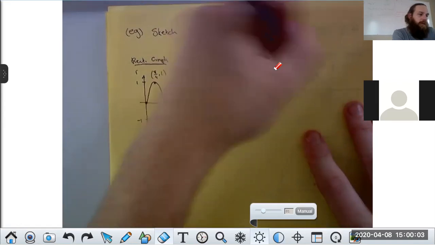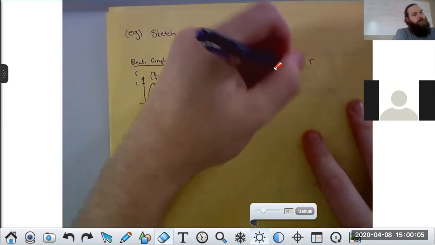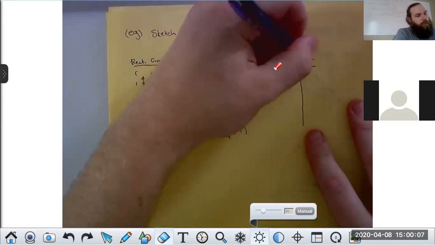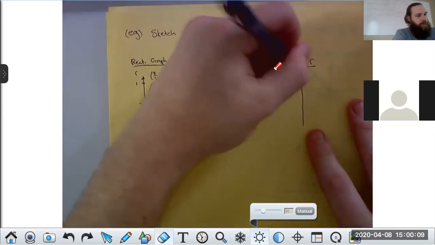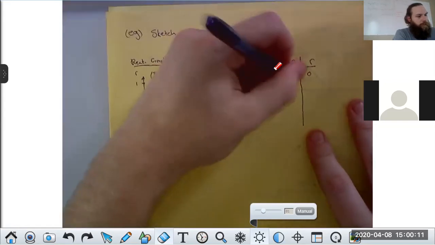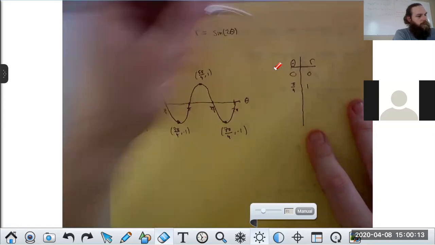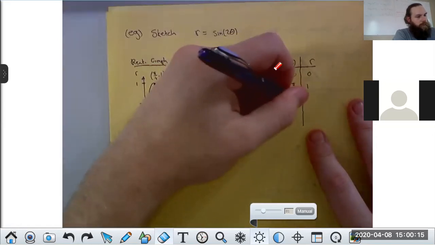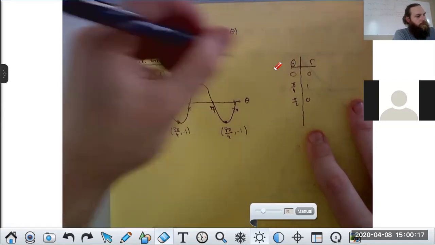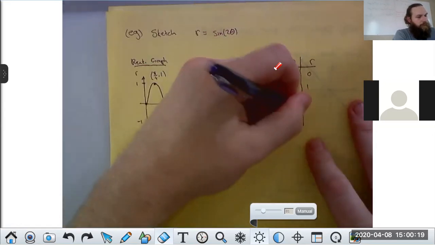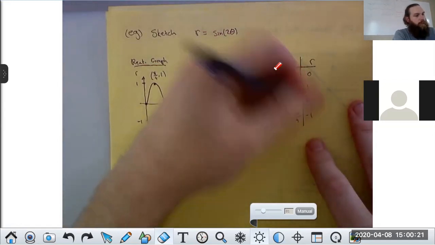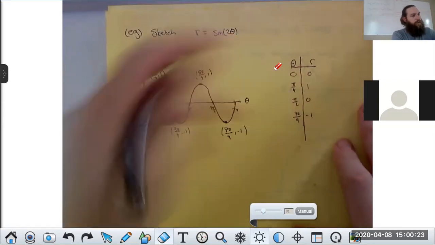I could think of this as a theta-r table, which is how we graphed our first few polar curves, right? It's got 0, 0, pi over 4, 1, pi over 2, 0, 3 pi over 4, negative 1, and I could keep going, listing all the points.